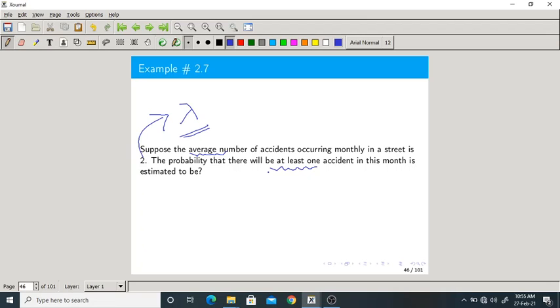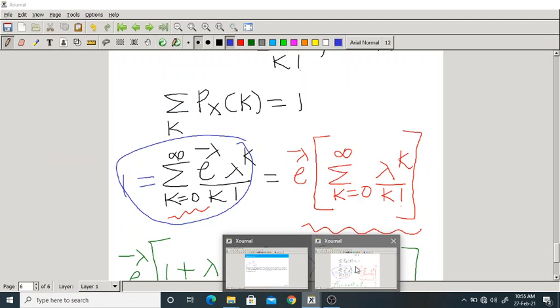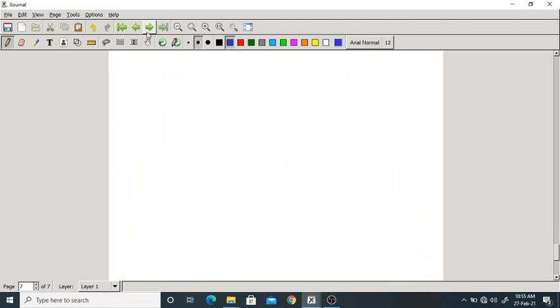Now, what are they asking? On average, there will be 2 accidents in a month. So which means they gave you lambda. Parameter is given to you. Lambda is 2. I will tell you about lambda later, but for the time being, just assume that this is the average value of the Poisson distribution or Poisson random variable.